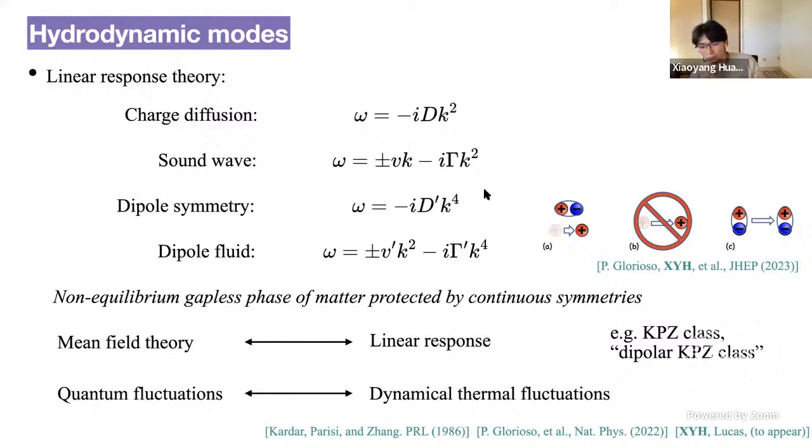The reason I want to bring this up is that we also realized that this higher dimensional generalization of the KPZ class, especially in two dimensions, can potentially be realized in so-called quantum Hall crystal regions. I think there's a lot of interest at Cornell about the quantum Hall and anomalous quantum Hall effect, so I would like to see if there's any chance to observe this in a real experiment. But for today's talk, I will focus on the linear response region and not talk about these kinds of fluctuations.